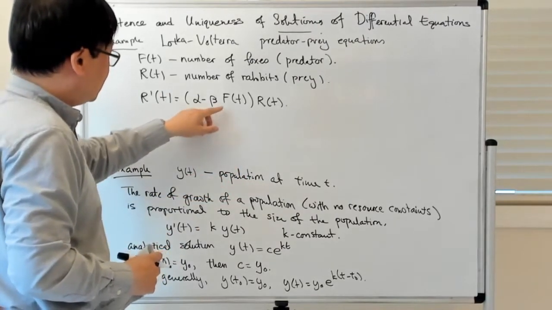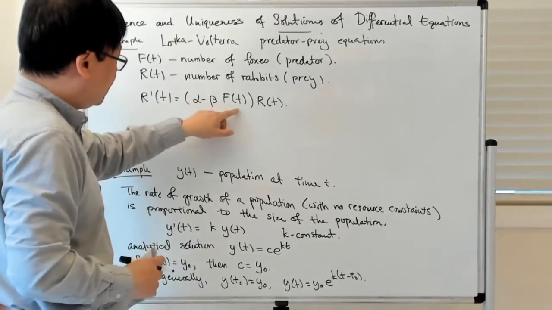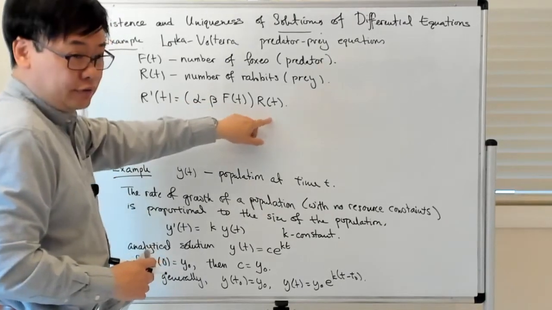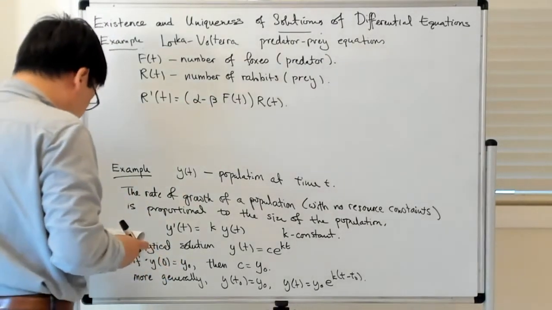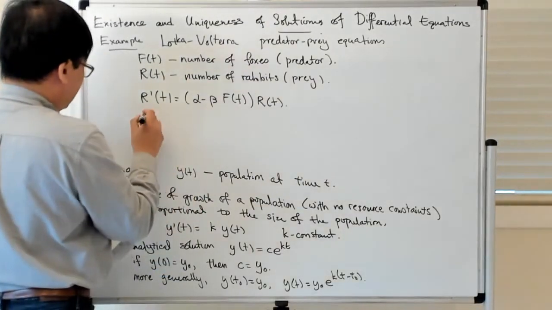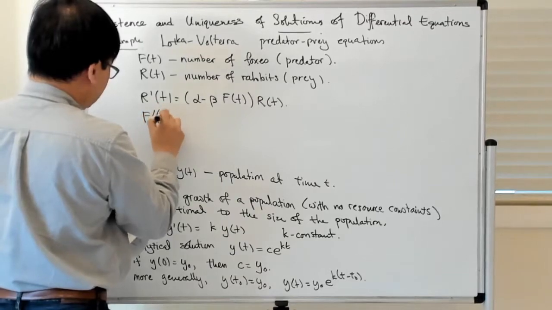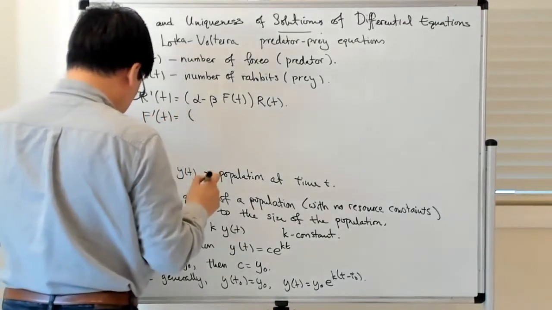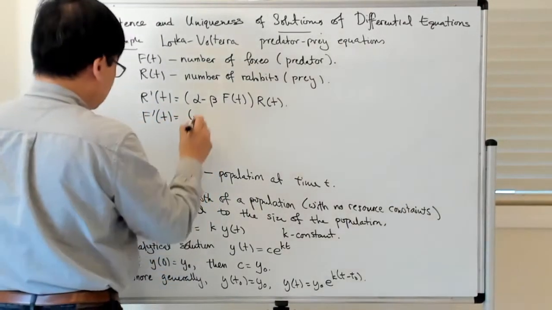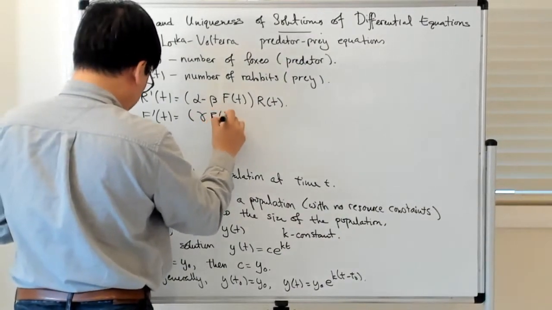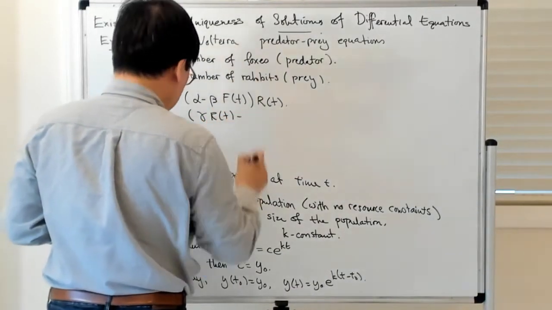So this is the minus beta f of t term multiplied into r of t. That's one thing, and then there's the predator equation. f prime of t is equal to gamma r of t minus delta.